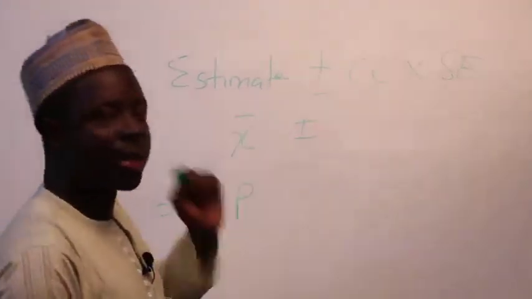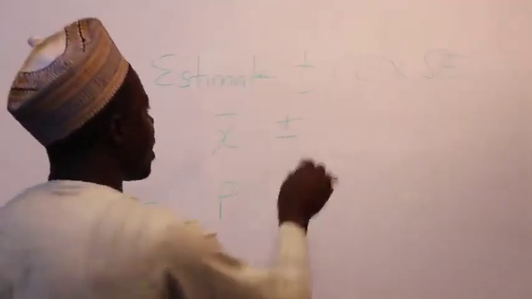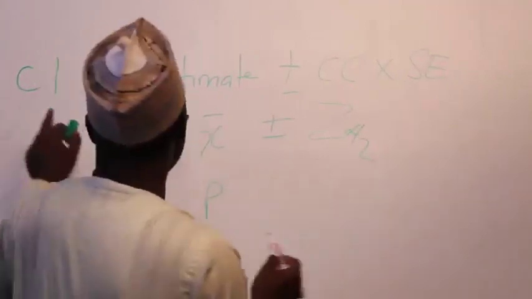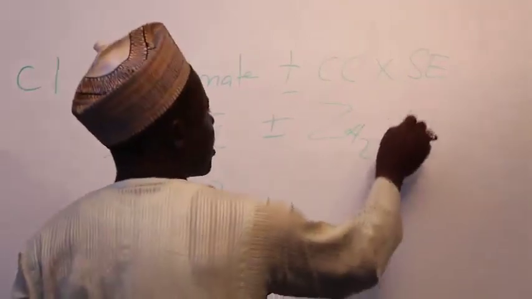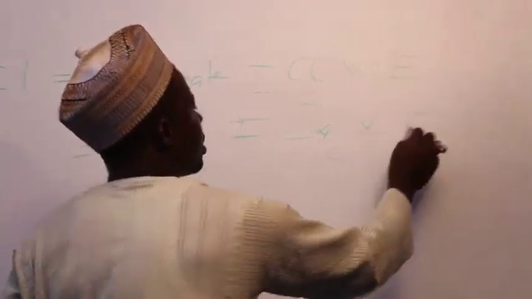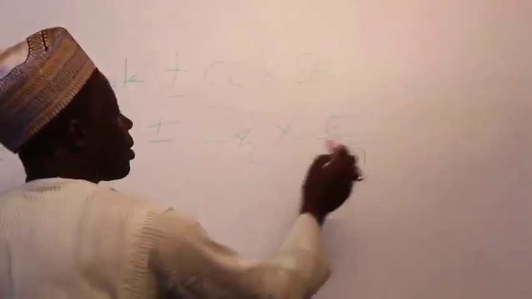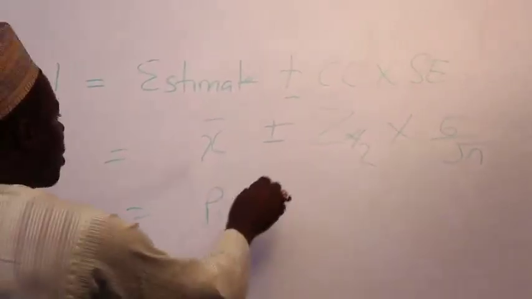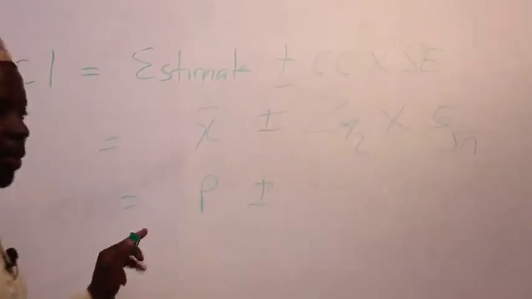For normally distributed data, our confidence coefficient is Z alpha over 2, proportionate to your degree of confidence interval. And the standard error is standard deviation all over root of n. That is for mean. We can also do the same for proportion.